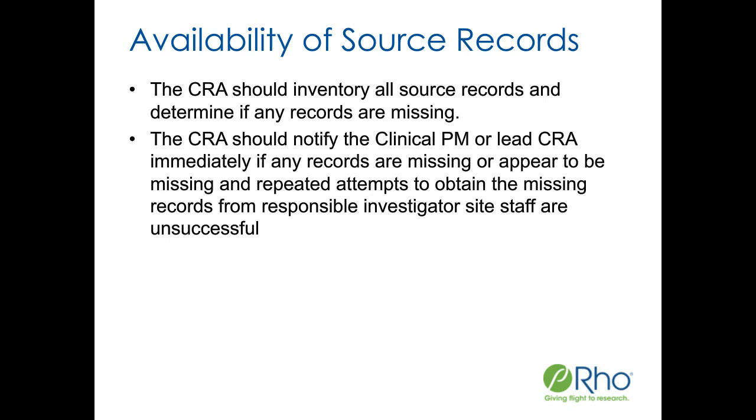Then when you get that information at the beginning of the visit, inventory it, determine what is missing, and ask for the other documentation. A CRA should notify their project manager or lead CRA immediately if any records are missing or appear to be missing, and repeated attempts to obtain the missing records go unsuccessful.